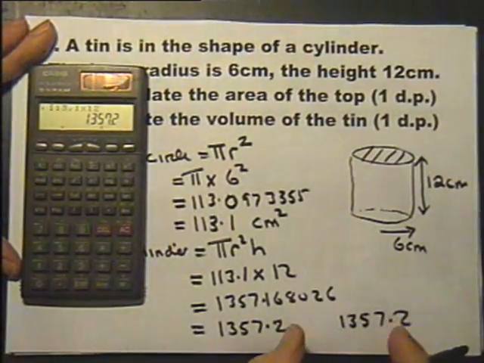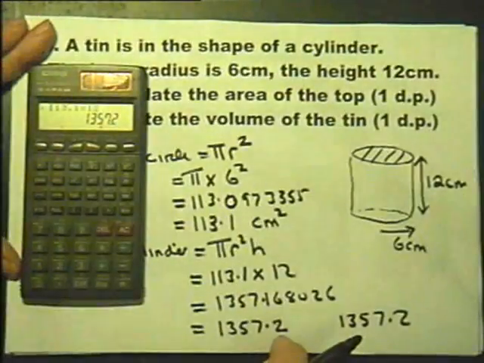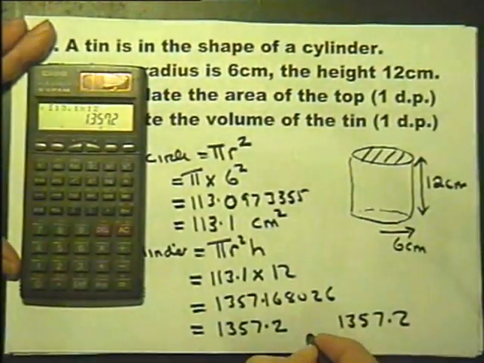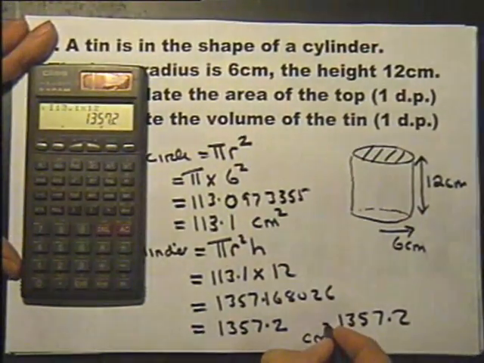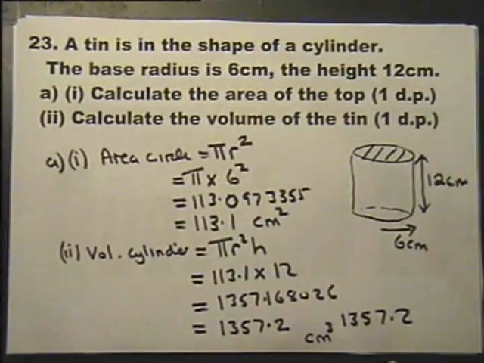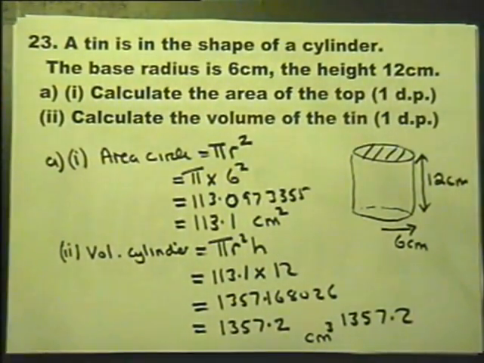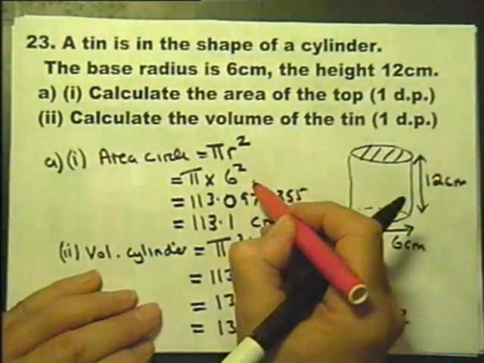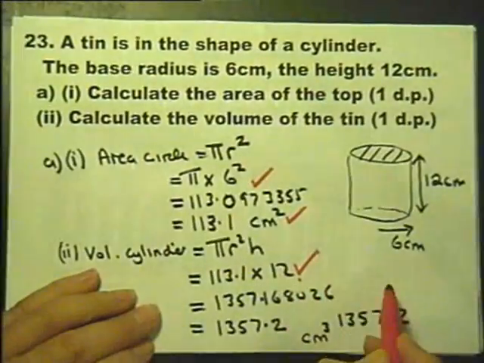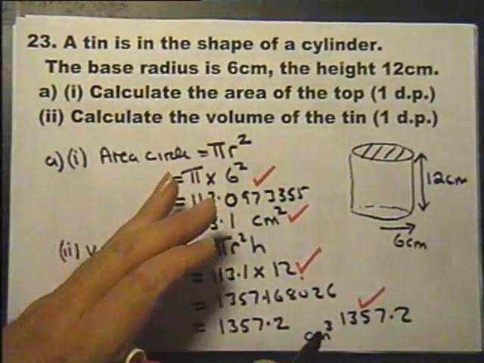But it may have been 1 decimal point out, but the examiner is not going to mark you down for that, I promise. Right, don't forget the units at the end there. So what have we got here? 2 marks for that, 1 for there and 1 for there, 2 marks there, 1 for multiplying by 12 and 1 for getting it right.